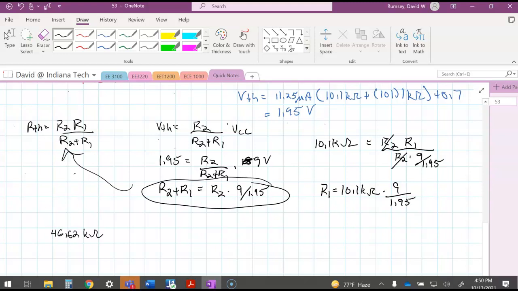Something doesn't feel right here to me. We'll finish out the computation here, and then I'll see if I did something wrong, because I don't think I did anything wrong. I'm just looking through here.